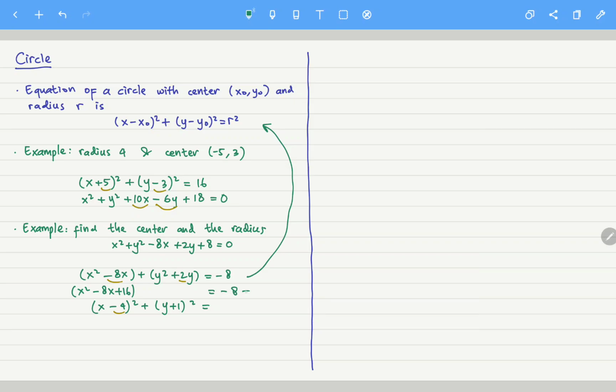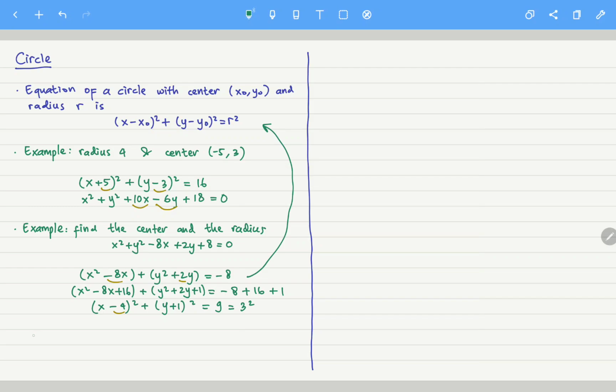And then from y plus 1 squared, if we expand, we will get y squared plus 2y plus 1. Because we have plus 1 on the left side, we should also add plus 1 on the right side. So in this case, if we calculate, this is equal to 9, or it is equal to 3 squared.